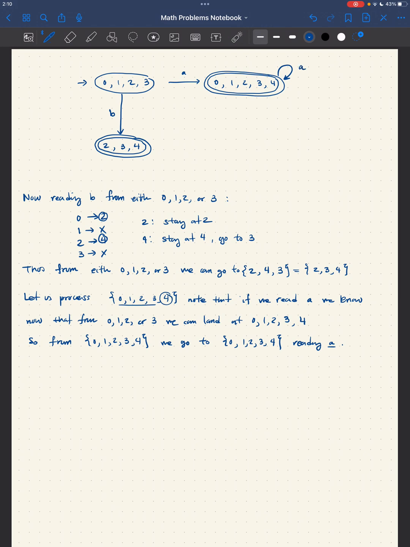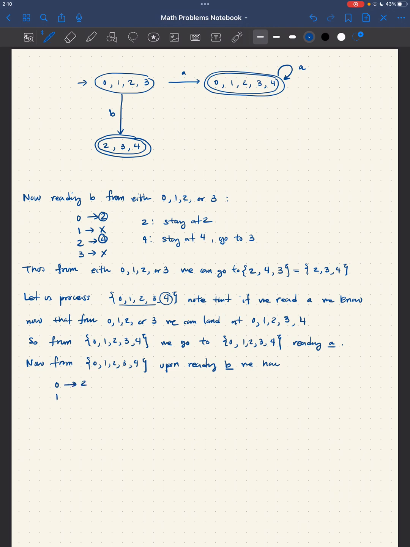Second thing, let's see what happens when we read a B. From the state 0, 1, 2, 3, 4, upon reading a B, let's try to summarize that. From state 0, we read a B and we can go to 2.